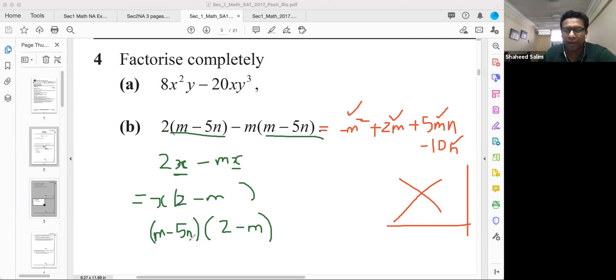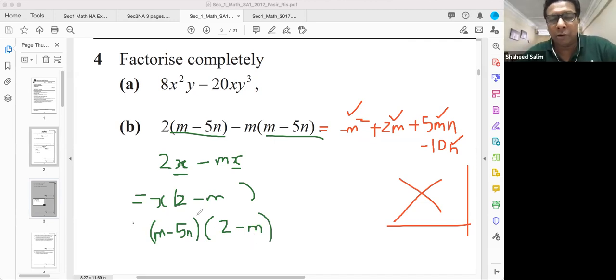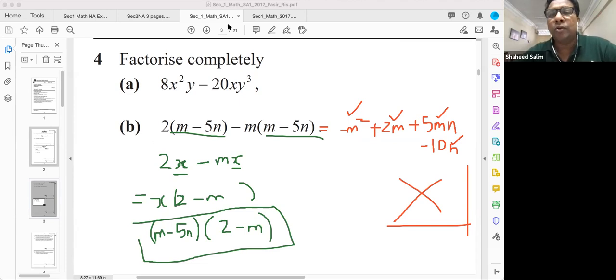Yours is 5n minus m minus 2, right? So it's almost the same, but don't worry. Your way is okay, this way is okay. But do you understand this method? Yeah, I take the similar one, I put it outside. I don't even need to do completing the square. But no problem, your way is also correct.